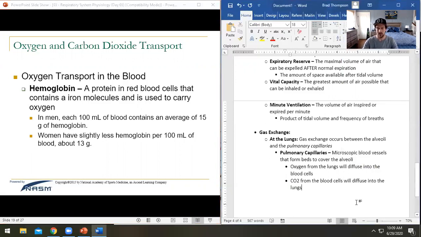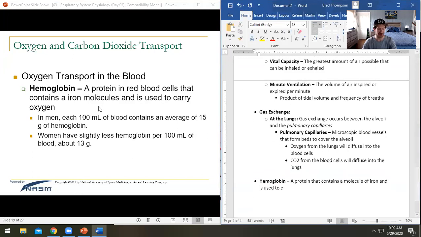We have to understand there's this special protein inside of our red blood cells called hemoglobin, okay? And hemoglobin is a protein that contains a molecule of iron. That's so funny, I must have used this definition so many times because I wasn't reading this and I'm saying almost the same thing.